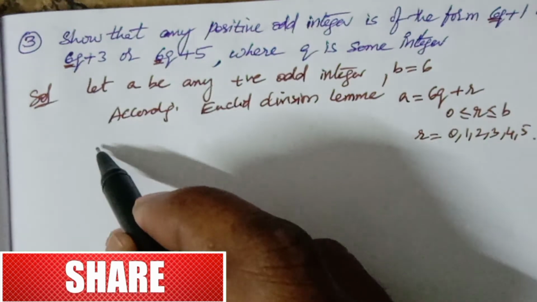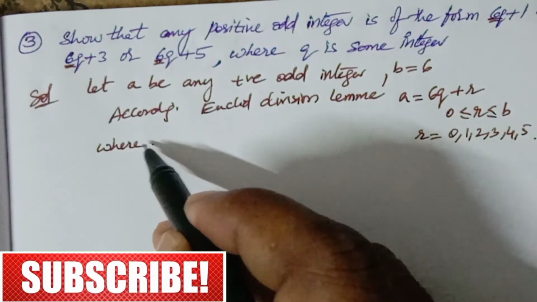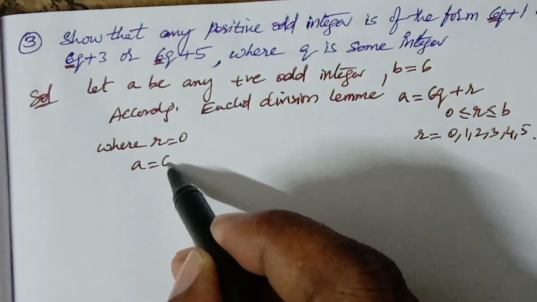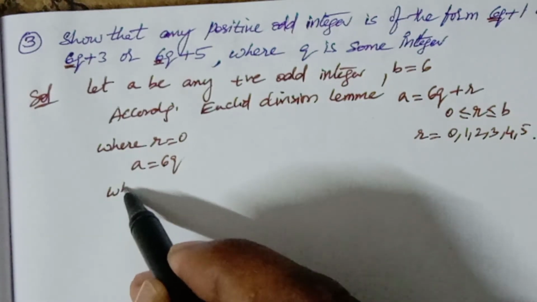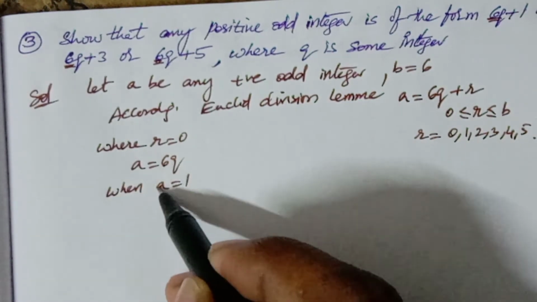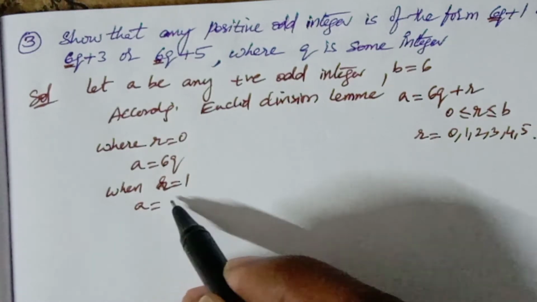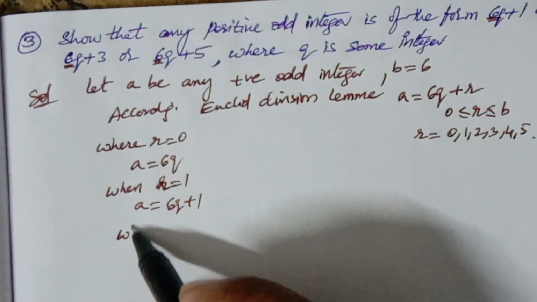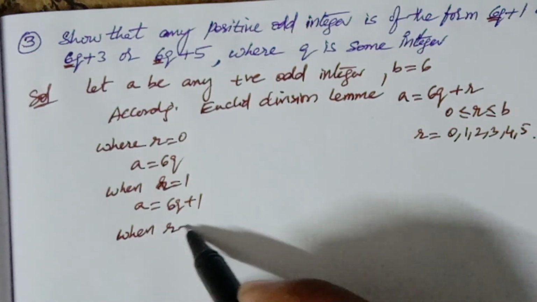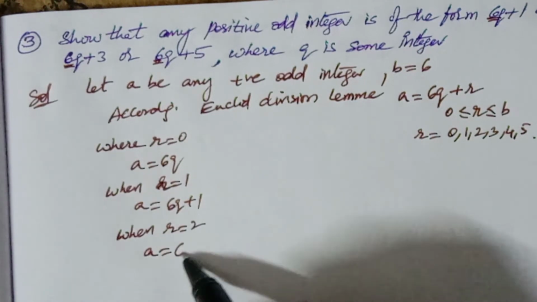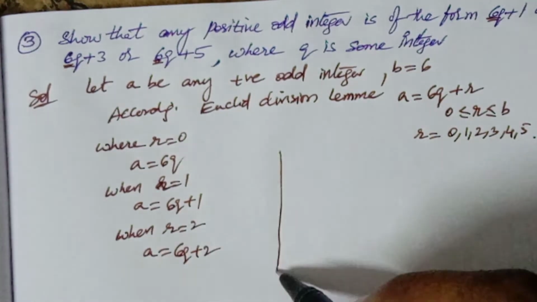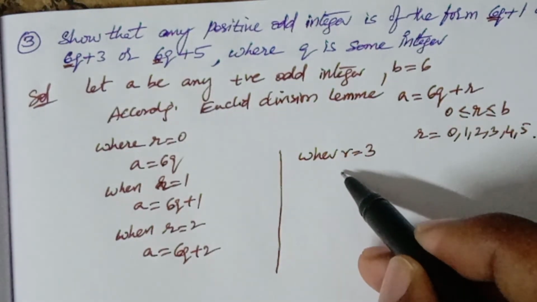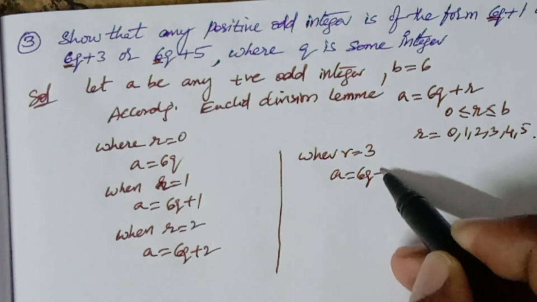So when r equal to 0, then a value will be 6q. When r value is 1, a is equal to 6q plus 1. When r value is 2, a is equal to 6q plus 2. When r is equal to 3, a is equal to 6q plus 3.